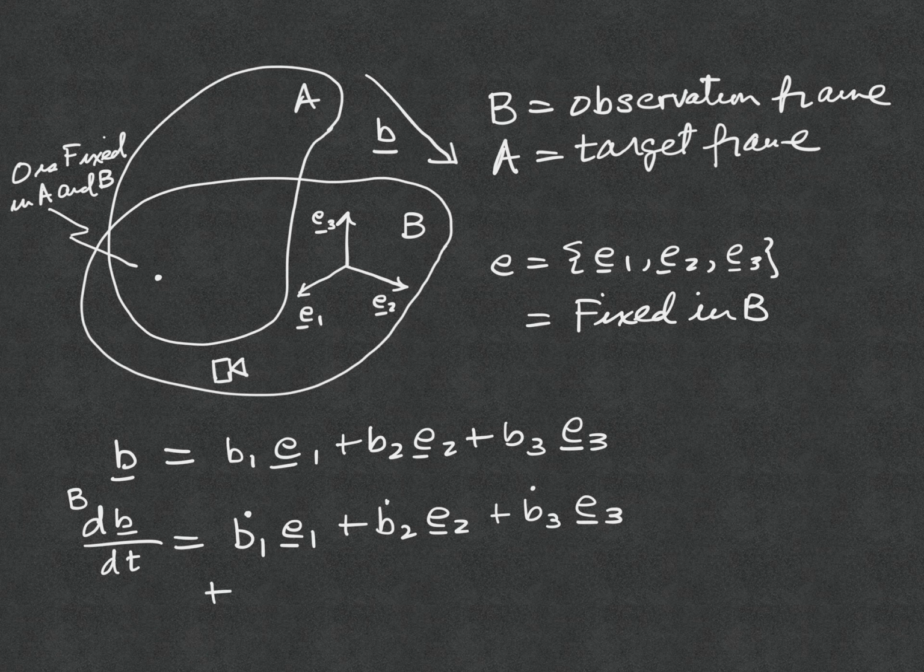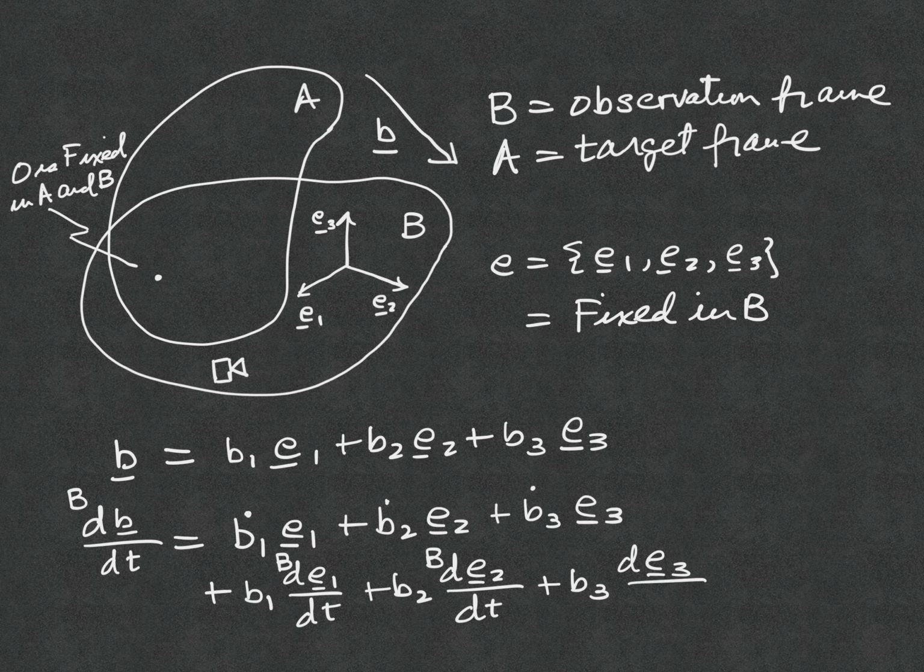But then I have three other terms, which are B1 dE1/dt in B plus B2 dE2/dt in B plus B3 dE3/dt in B. But recall that this basis is fixed in B. So because this basis is fixed in B, it means that these vectors are all fixed in B, which means that their rates of change in B have to be 0.